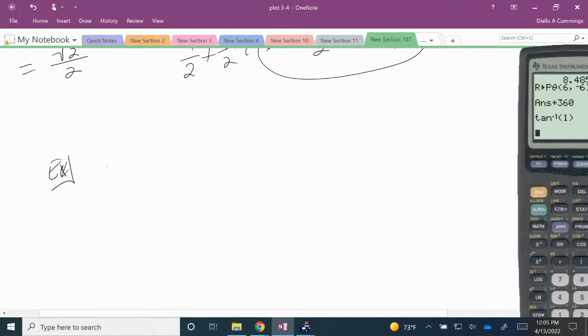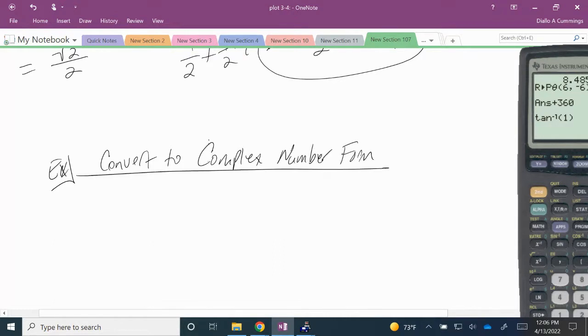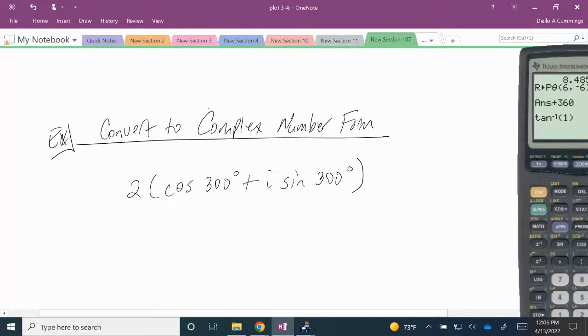Convert to complex number form 2 times cosine of 300 degrees plus i times the sine of 300 degrees. So the only thing I really want to do here is find the cosine and the sine values for 300 degrees, and then we will distribute.